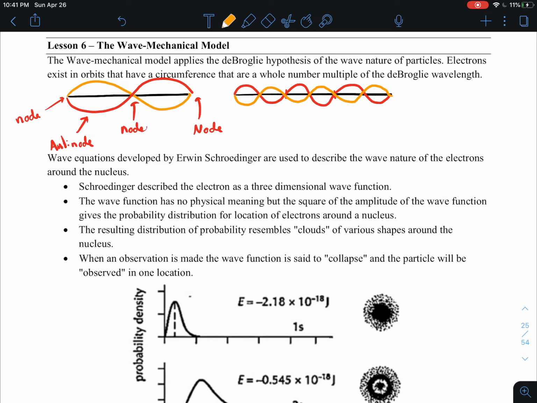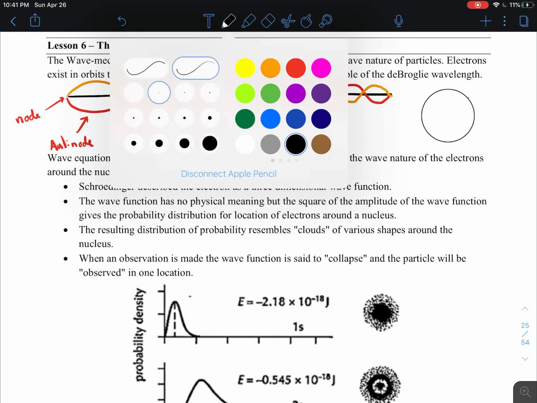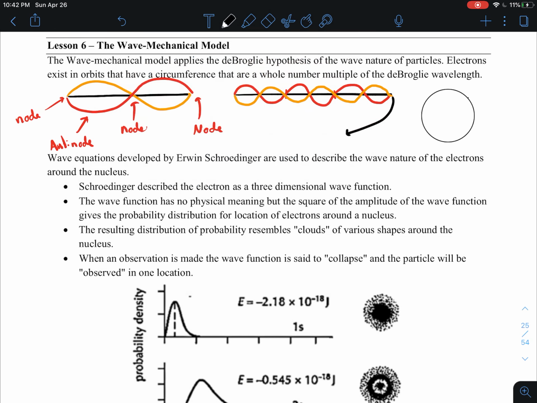And what we're going to do is take that center black line and curve it into a circle. Let's try that again. Circle, nice. So I took that black part and I bent it around so that this end here came in and touched with this end here, and we made a complete circle.